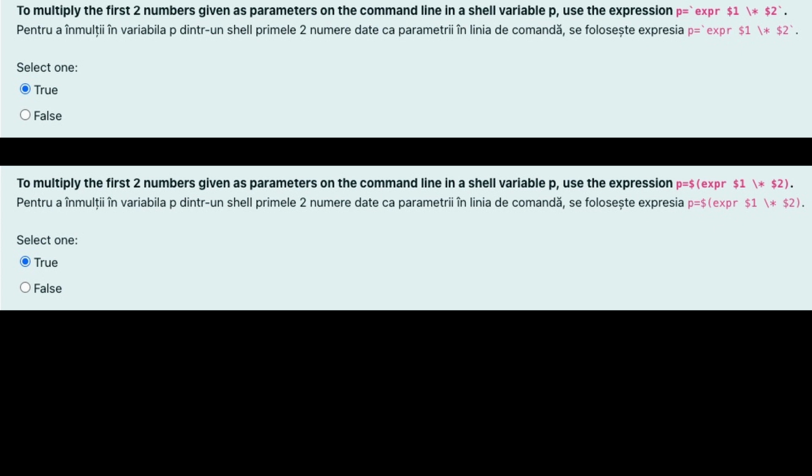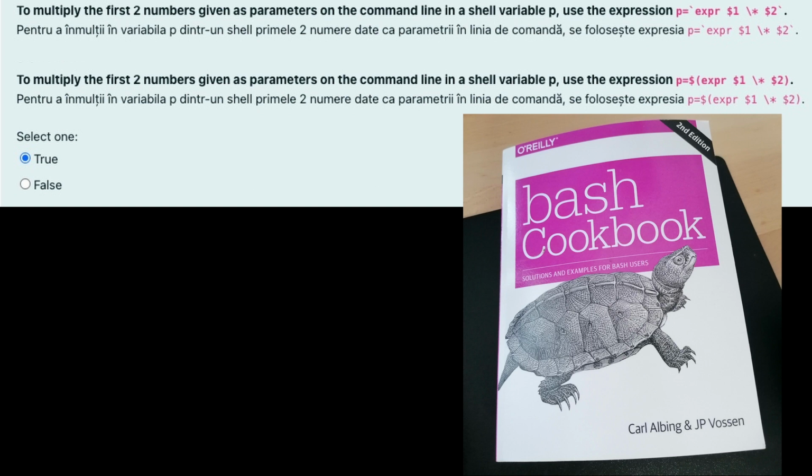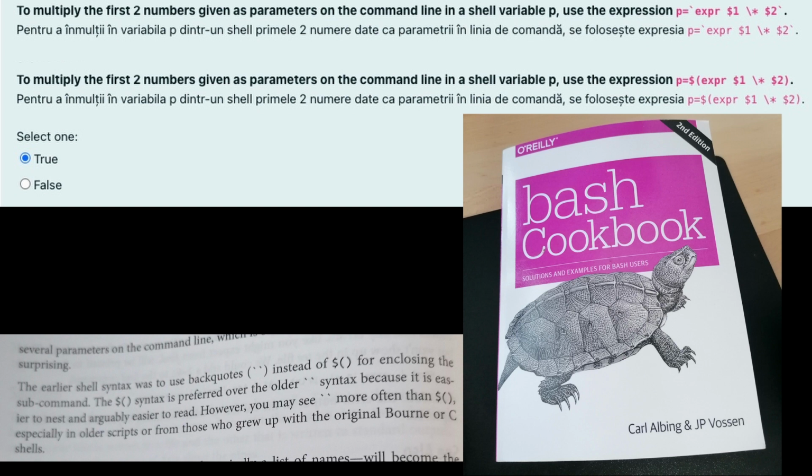The reason for those two formats, which are similar in effect, is stated in the Bash Cookbook on page 54 and says: the earlier shell syntax was to use backquotes instead of dollar and round brackets for enclosing the subcommand.